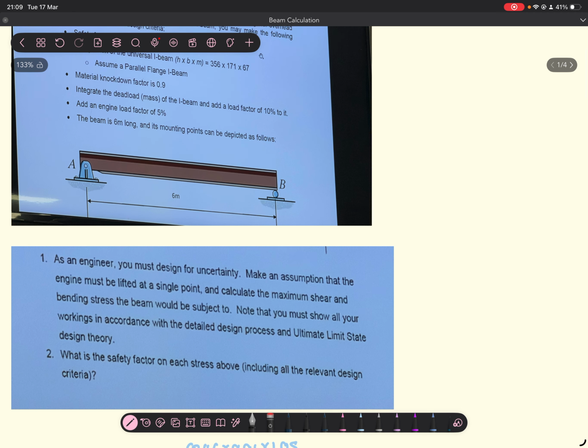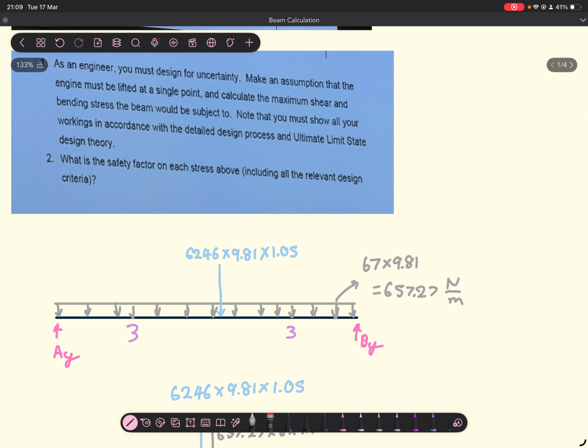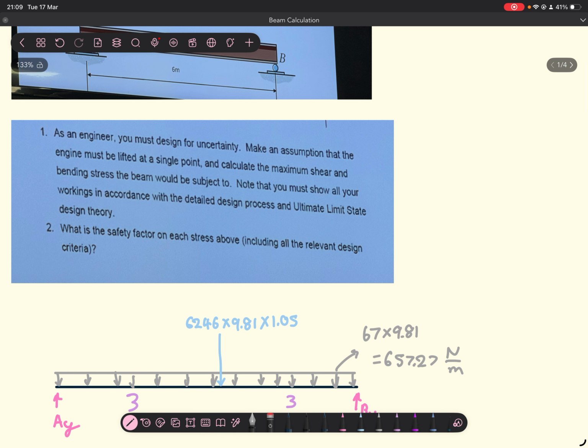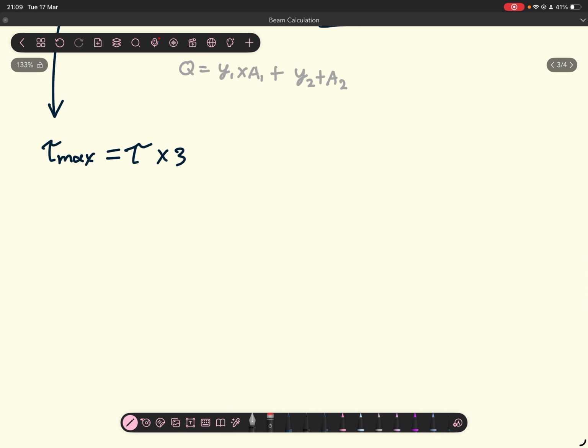And then let's also say that our material is 10% weaker than it should be. So when all these factors are taken into consideration, what will our actual safety factor be? It was asked in a very weird way, but basically that's what we're asking.